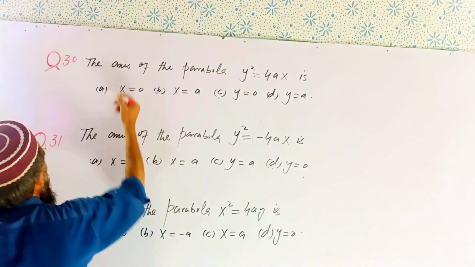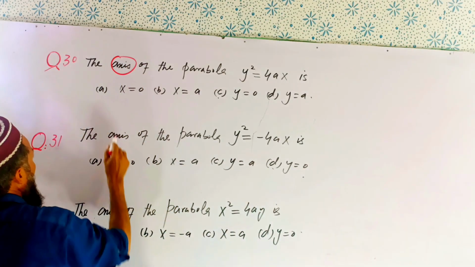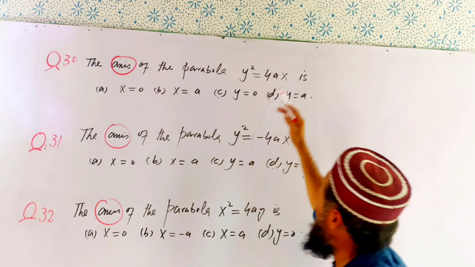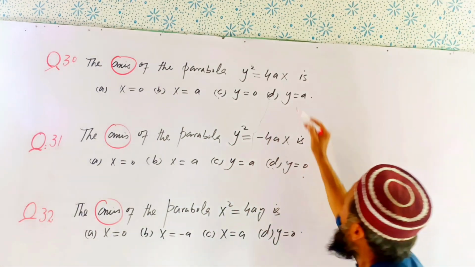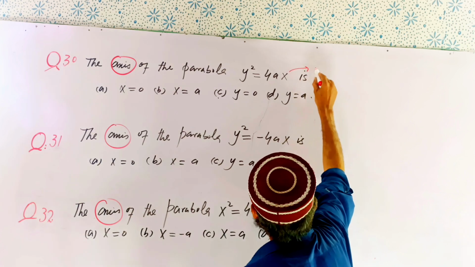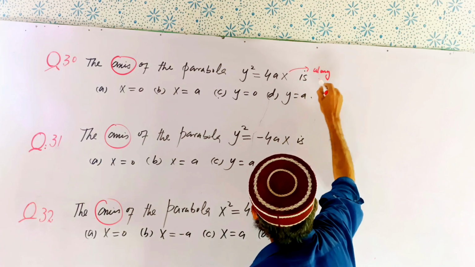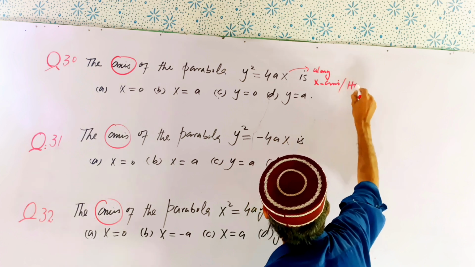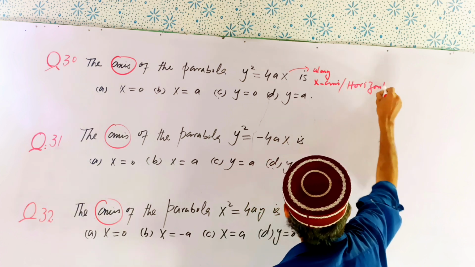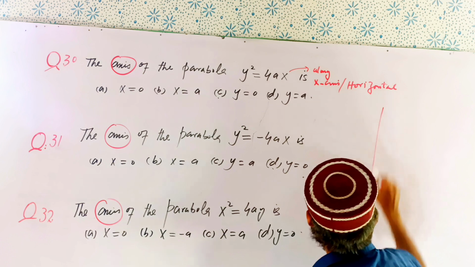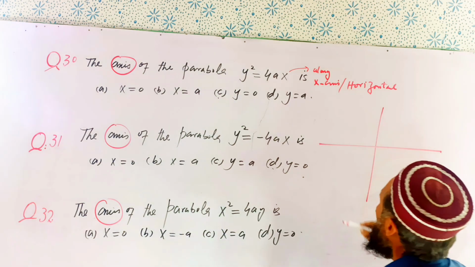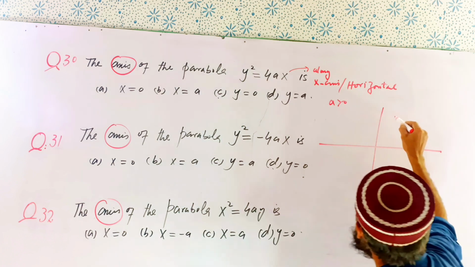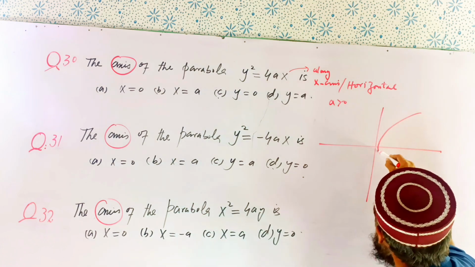Required once again, the axis of the parabola, if the parabola is changed. The parabola is along the x-axis, or we can say horizontally making the parabola. Here A is positive, A is greater than 0, so the parabola is on the right side.